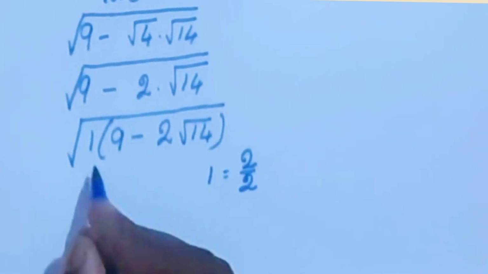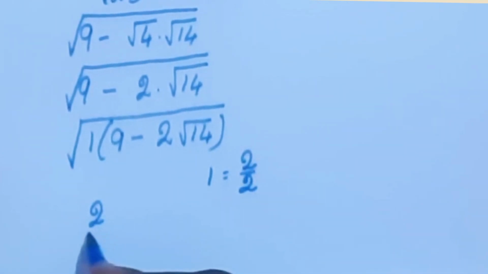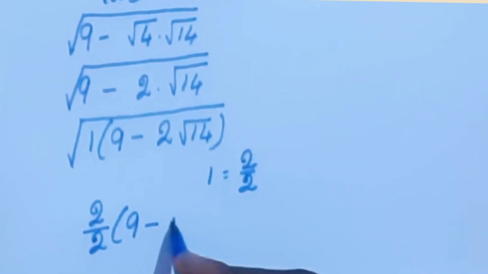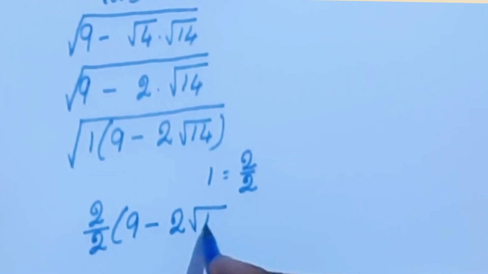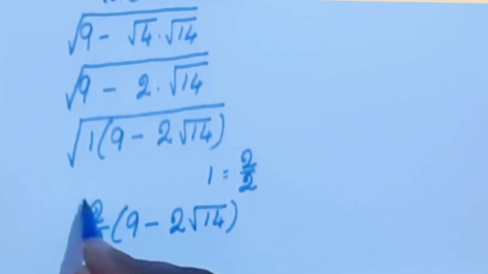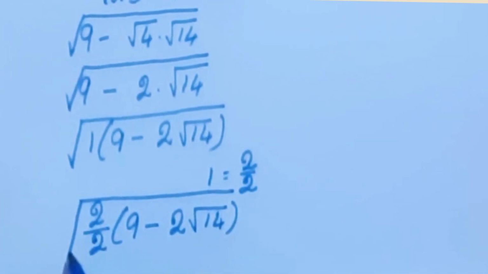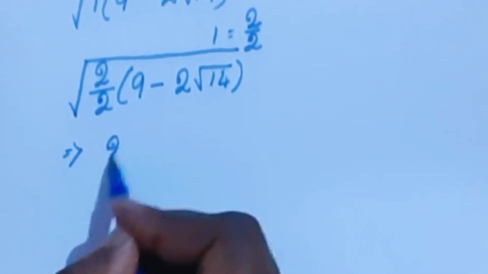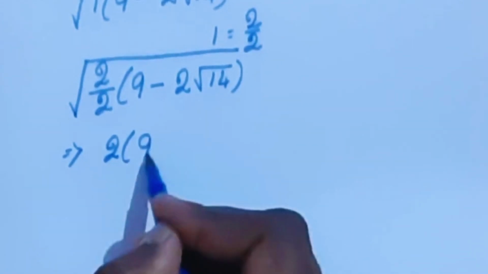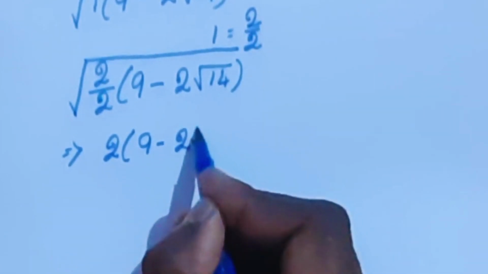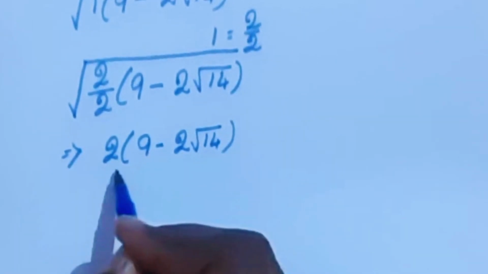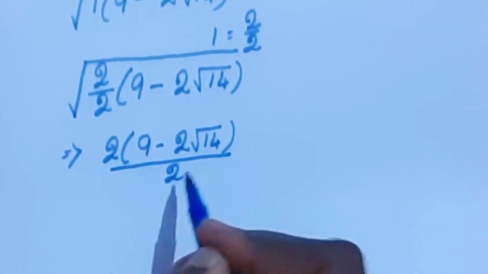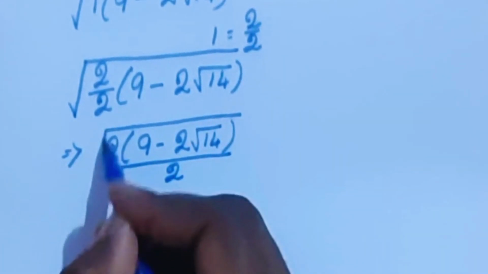So applying this here, 2 by 2 times 9 minus 2 square root of 14, in whole square root. Here this we are going to apply, so 2 times 9 minus 2 square root of 14, all divided by 2, in whole square root.